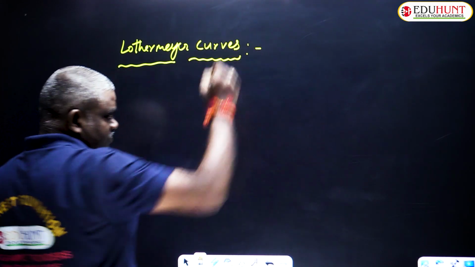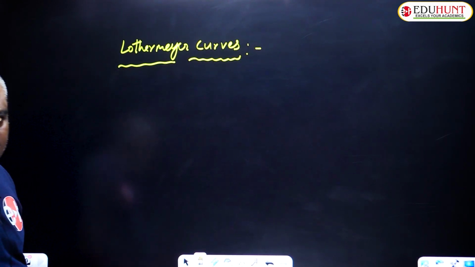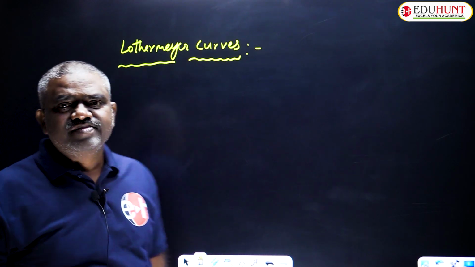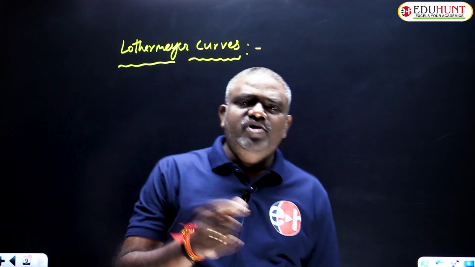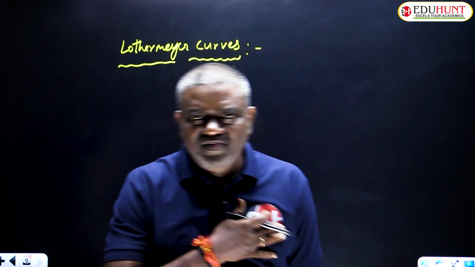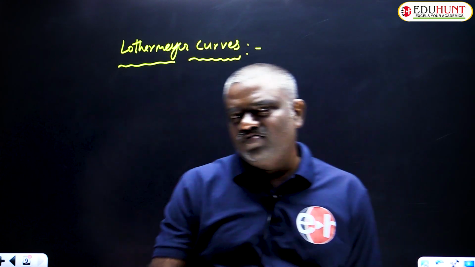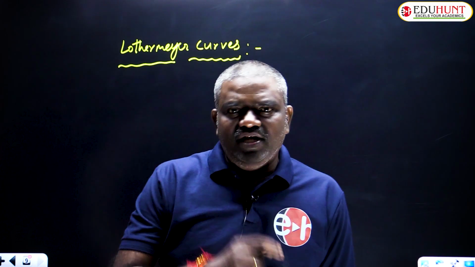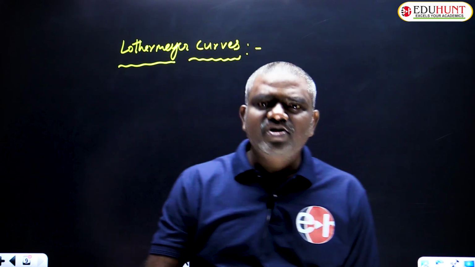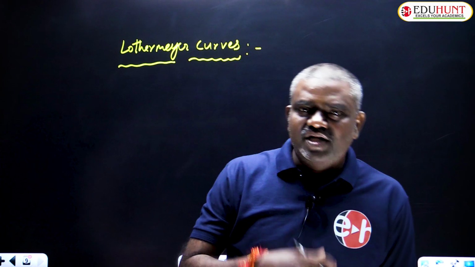According to Lothar Meyer's curves, he took two basic points to classify the elements. One basic point is the atomic volume of the element, and another is the atomic mass of the element.